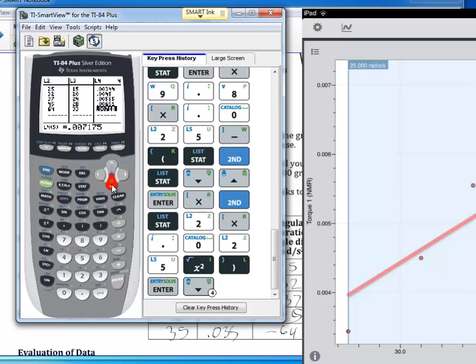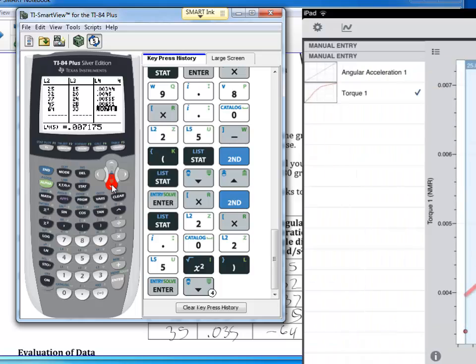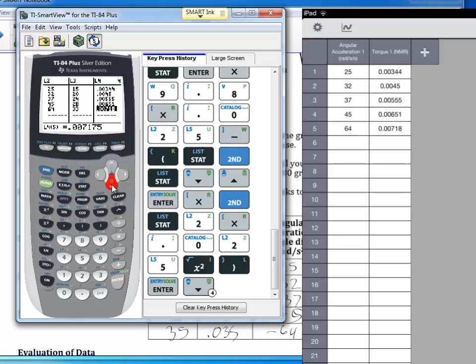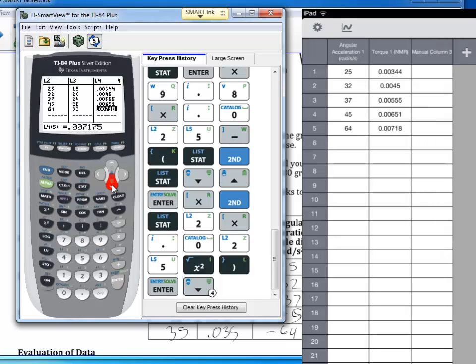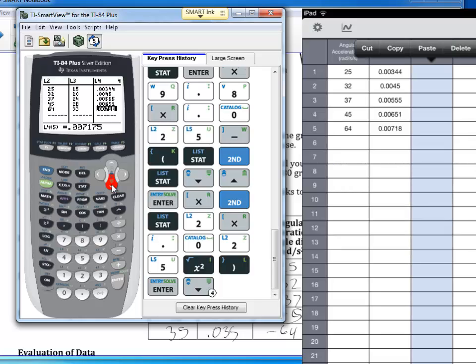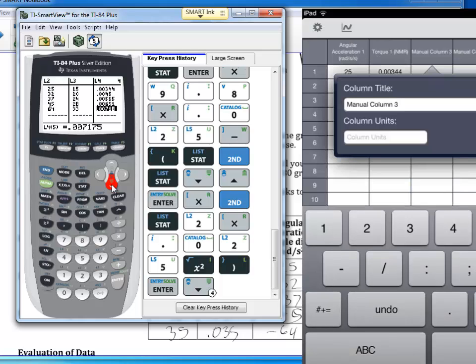We also want to do that same thing for your second torques. So back on your data table, I think that was under the graph button, we go table. I'm going to add manual column 3 and manual column 4. In these ones, this is going to be your angular acceleration for 1 and 2.